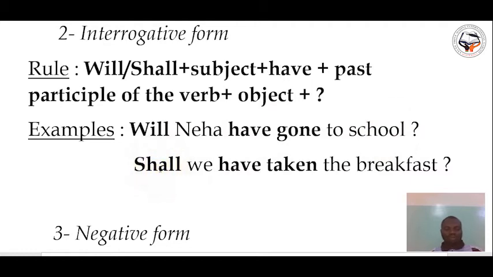The second example: shall we have taken the breakfast? Shall here, we is the subject, and you have the auxiliary have, and you have the past participle of the verb take, which is taken, and you have the object here, which is the breakfast.